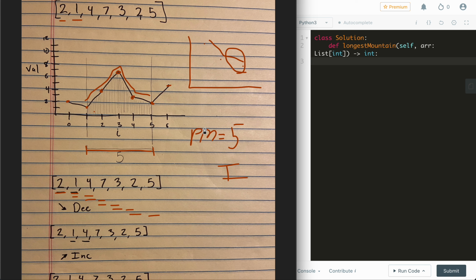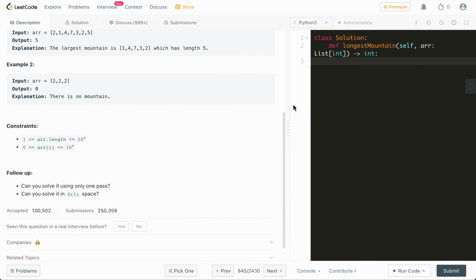And this potential mountain is our answer. There could be more mountains if this was to continue on for more numbers in the array, so we would set maybe a longest mountain variable to 5, and that could be overridden potentially by any numbers that come in the future. So let's see if we can write a solution.